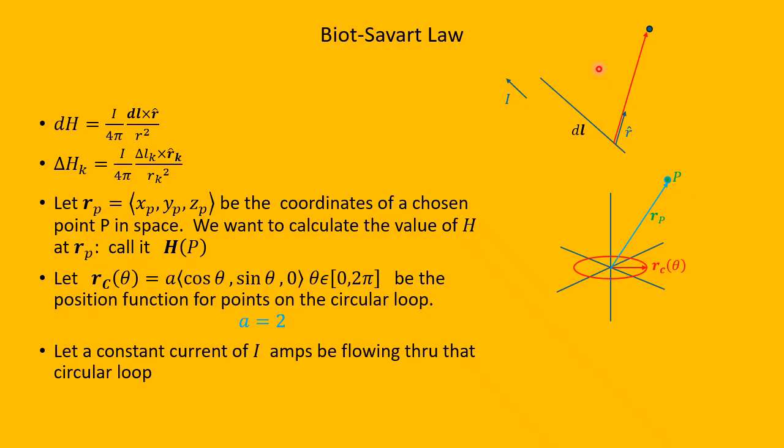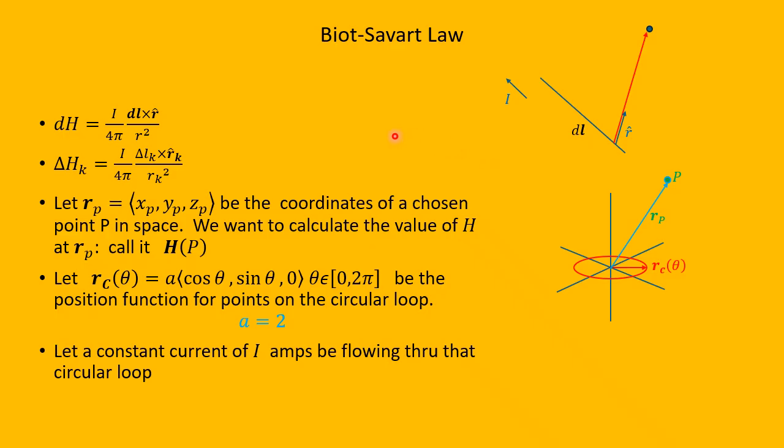This is three-dimensional space. Let r be the distance out to this point P, and let r hat be the, r will be a vector, and let r hat be a unit vector in the same direction as r.